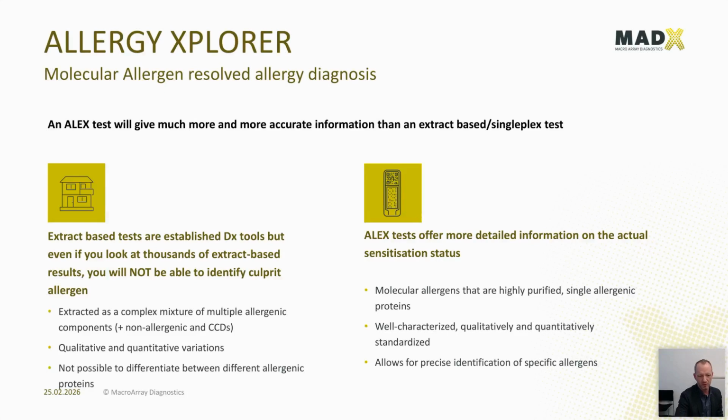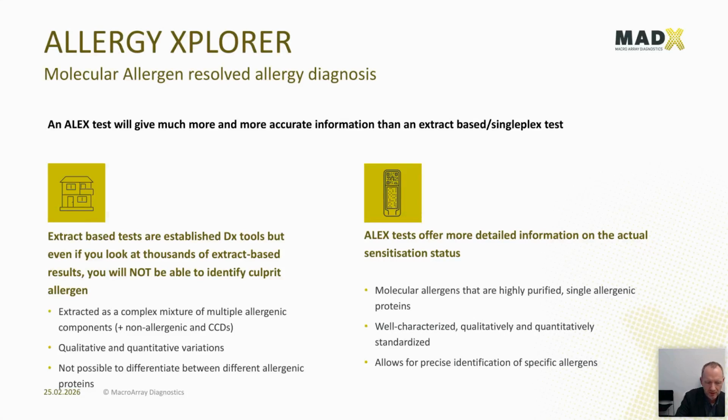and this can obviously lead to issues with reproducibility. On the other end of the spectrum, you have the ALEX test. The ALEX test uses molecular allergens, which are essentially highly purified single allergenic proteins. And these have either been extracted from the natural source or produced through recombinant technology.